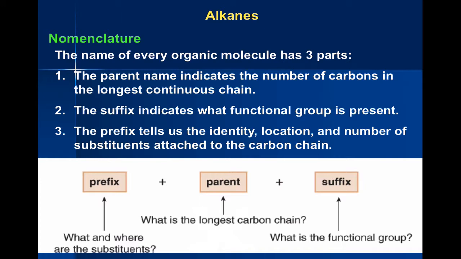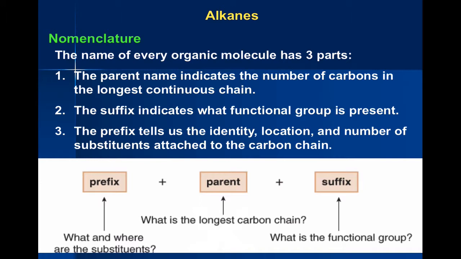You're going to have a suffix. It's going to tell you what kind of functional group is present. For alkanes, the suffix is ANE. Kind of nice. Alkane, ANE. The prefix is going to tell us the identity, the location, and the number of substituents that are attached to that longest carbon chain.